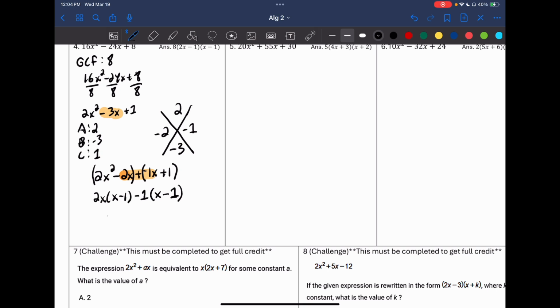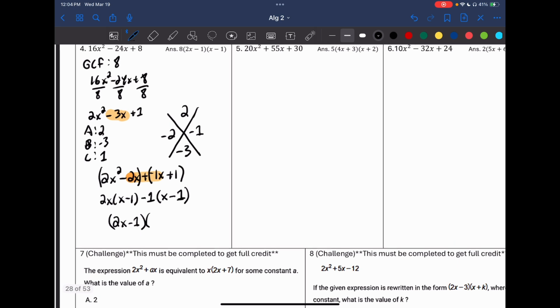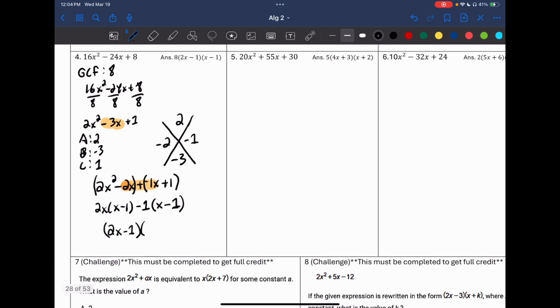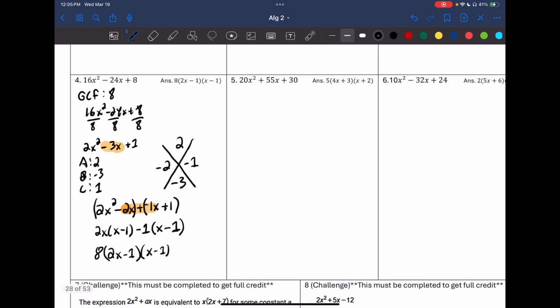And then we just want to combine our terms in the way that we have been. And we know that we did this correctly, or at least we're pretty sure we did this correctly, because this matches with this, right? If you're doing this and you get different numbers here and here, different terms, then you made a mistake somewhere. x minus 1, and we need to not forget about our greatest common factor.